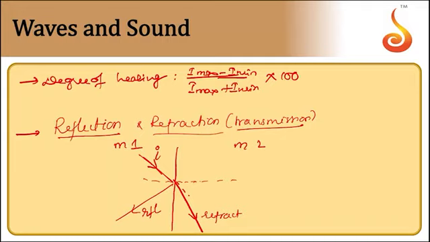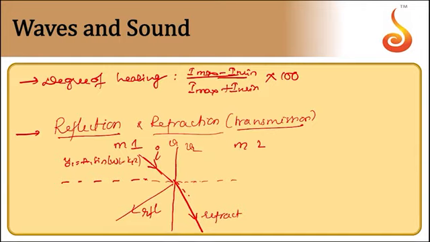Now, suppose I consider the velocities to be v1 and v2 in those two respective media, then the general representation of the waves is like this. y1 is equal to a1 sine omega t minus k1x. This is the incident wave.